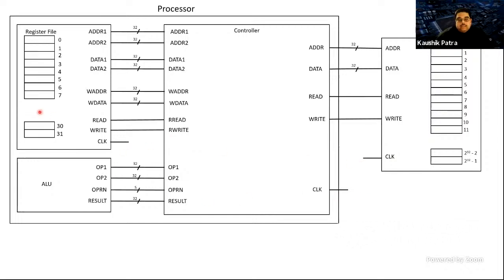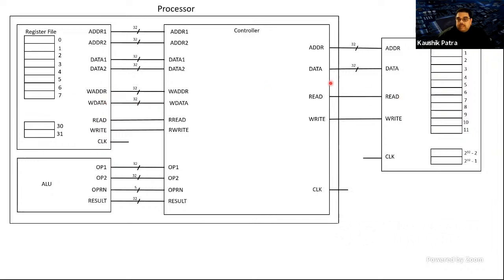And we have the register file, which has 2 address ports for reading, address 1 and address 2. And for data reading out, we have 2 more data buses, data 1 and data 2. And then we have separate write address and write data bus connections for the register file.